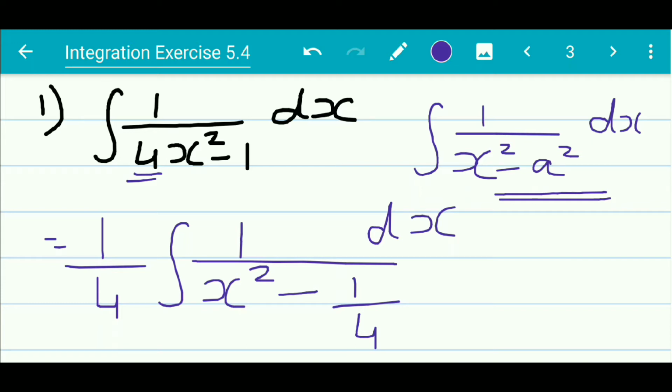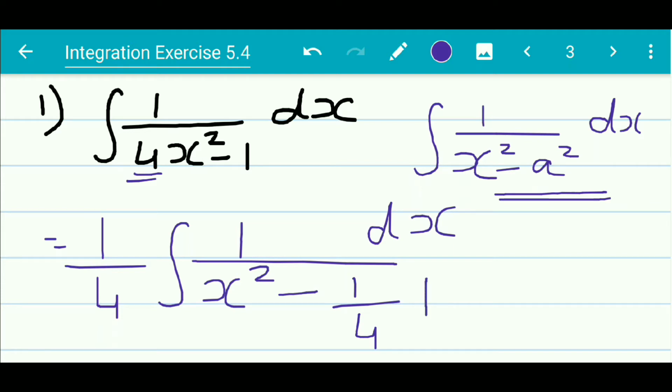And therefore, we multiply and divide by 4 in the denominator. So when we multiply by 4 in the denominator, we get 1 upon 4 outside the integral sign. And we also divide by 4 in the denominator. That means we divide both the terms by 4 so that we get x square minus 1 upon 4 in the question term that is there. I do hope that you understood, or else pause the video and go through it properly.